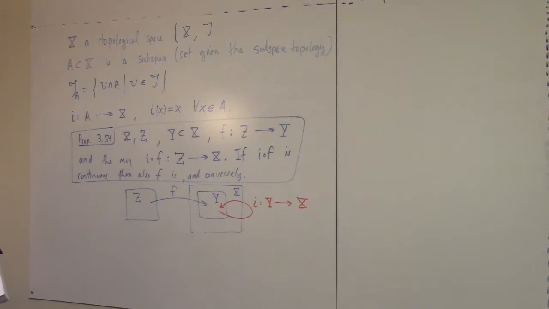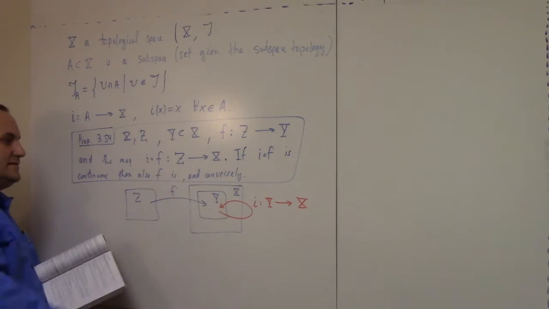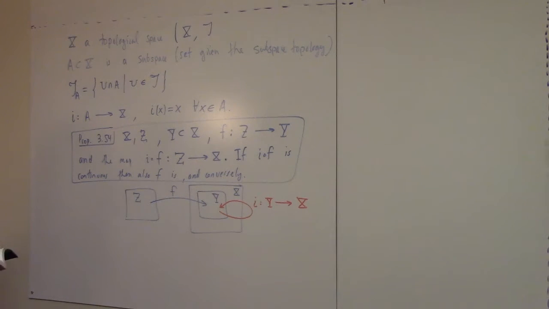If I look at the inverse image of an open set under f, then it would have to be open because I could just take the inverse image of that under IF, which is open. It doesn't do anything, because it doesn't change the inverse images. Right, exactly, that's the heart of it. The inverse image under f is the same as the inverse image under IF, yeah.